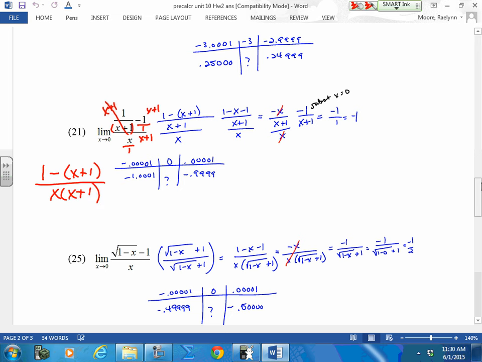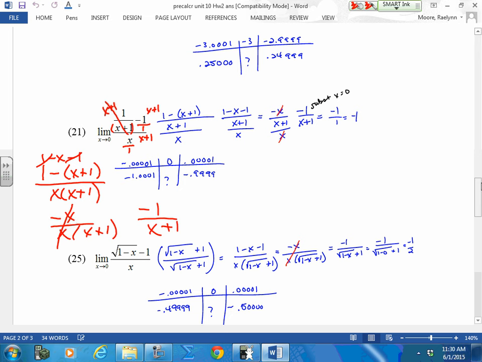So distribute this negative sign. Out comes the 1s. And now can we eliminate this factor of x? So it's negative 1 over x plus 1. And when you plug the 0 in now, it'll be negative 1 over 1, which will be negative 1.